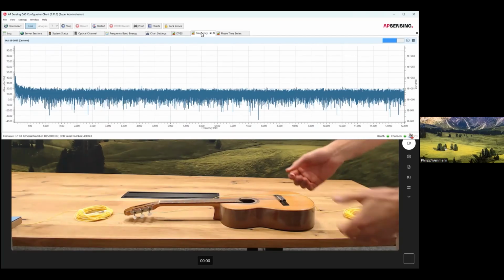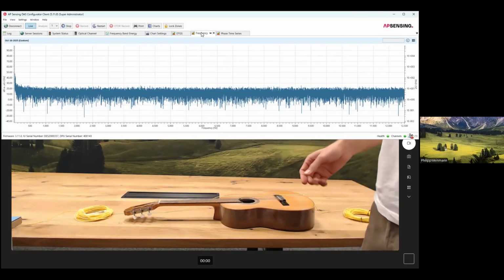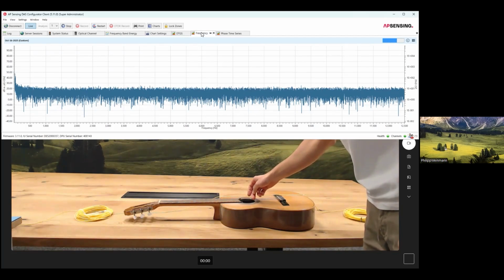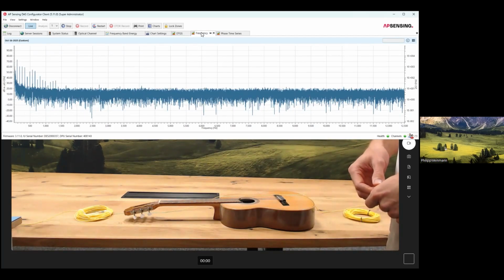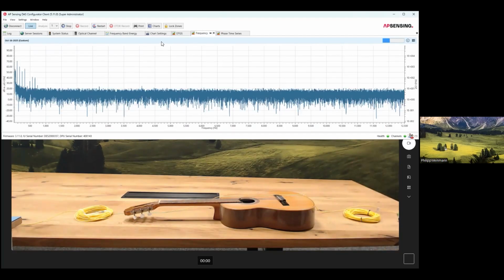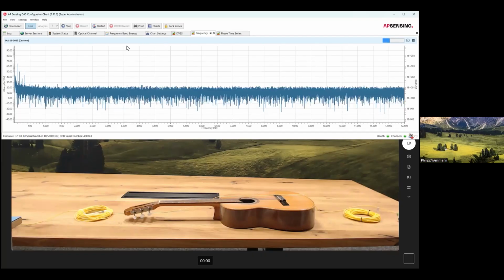And if I play a string now, what you will see is that peaks at lower frequencies will arrive. I'm using right now a pulse rate of around, I think, 25 kilohertz.